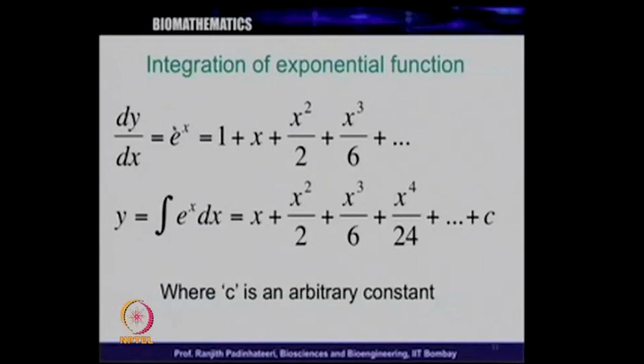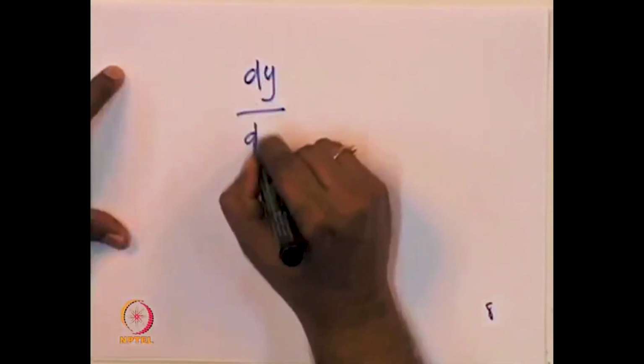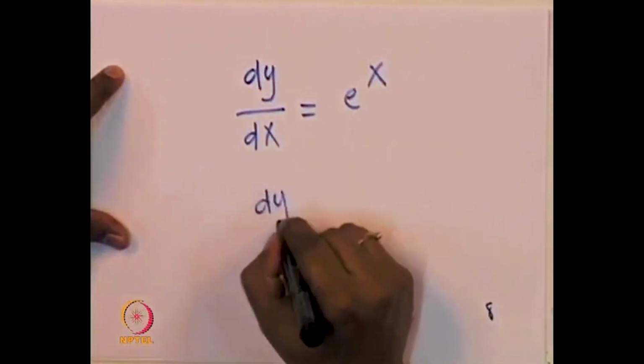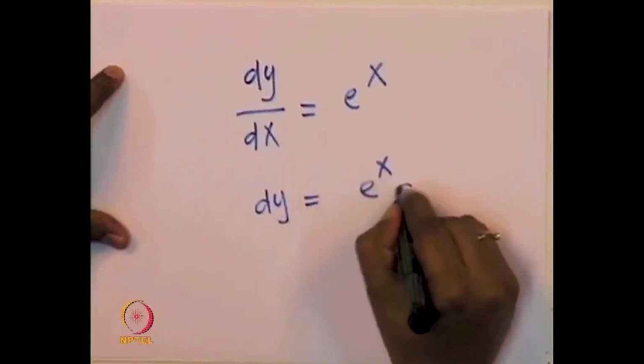From this, we find the integral of e power x. So, y is basically integral e power x dx. Have a look here: dy by dx is e power x, so dy is e power x dx.